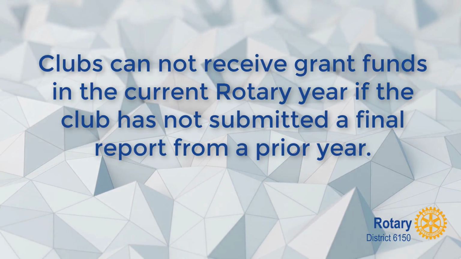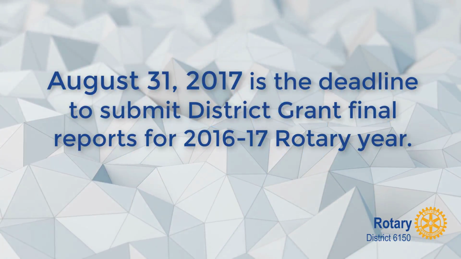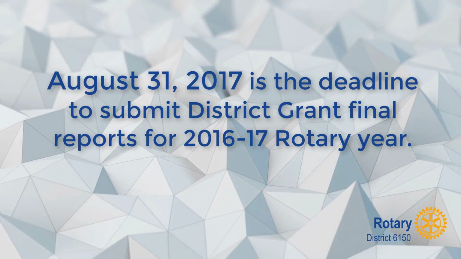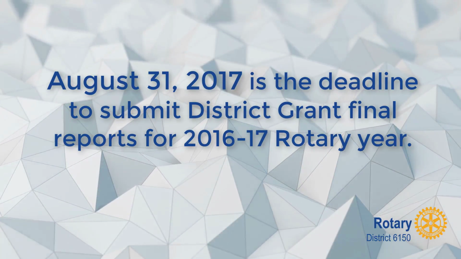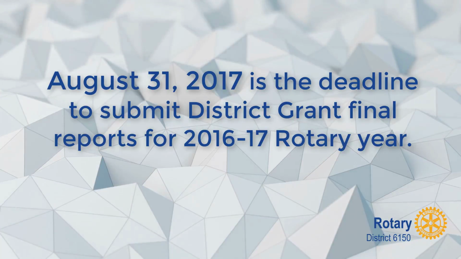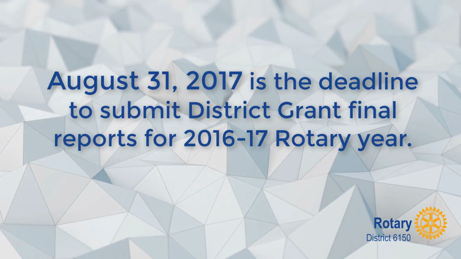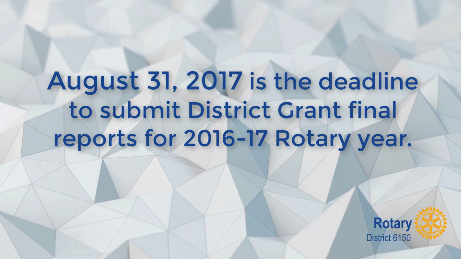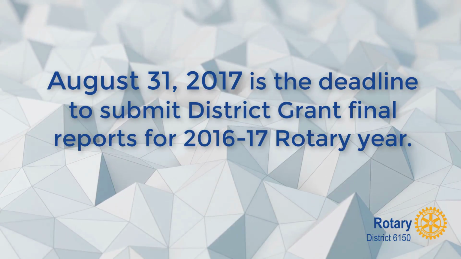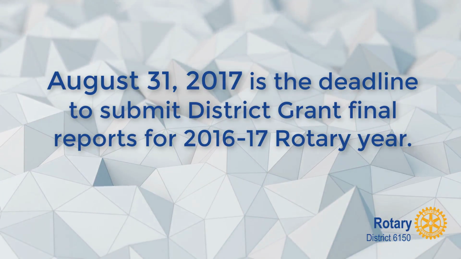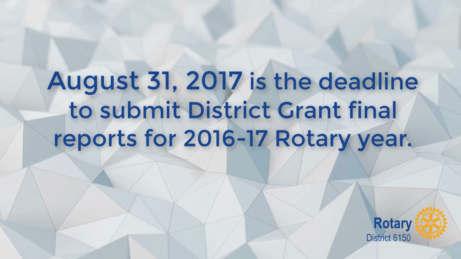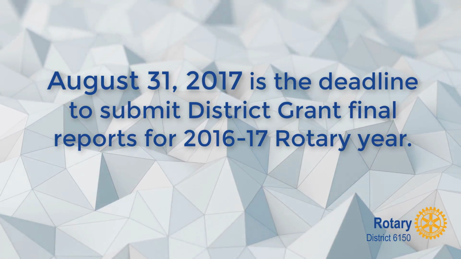The final reports for the 2016-17 year are due no later than August 31st of 2017. As soon as clubs are completing their projects, they need to start preparing their final reports and submitting them to the district, but they need to have them submitted by August 31st of 2017.